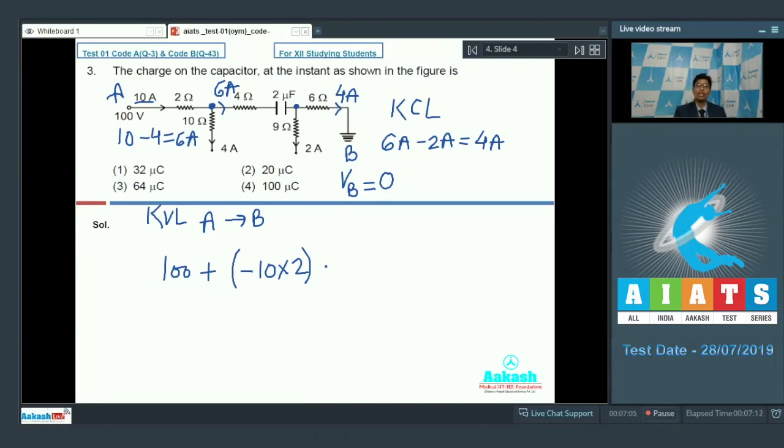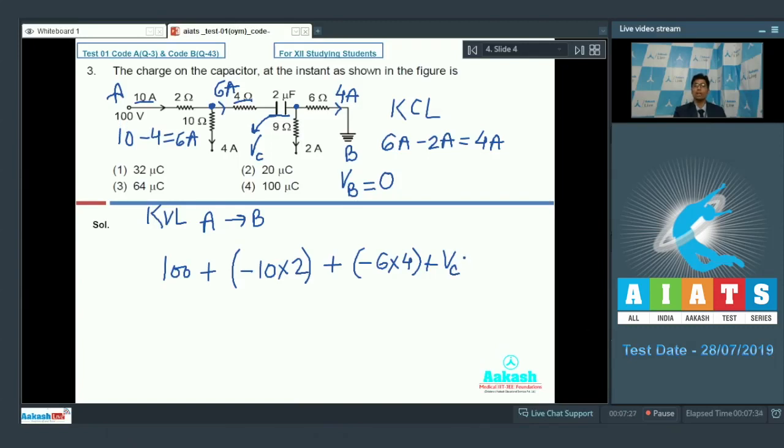current. Now as we write further, we can write the potential drop across the 4 ohm resistance, which will be minus 6 into 4. Now let us assume that the potential drop across the capacitor is equal to Vc. We introduce a term of Vc in this equation.